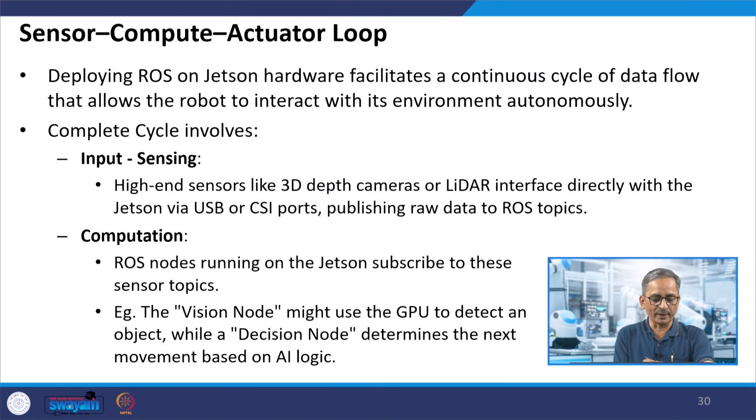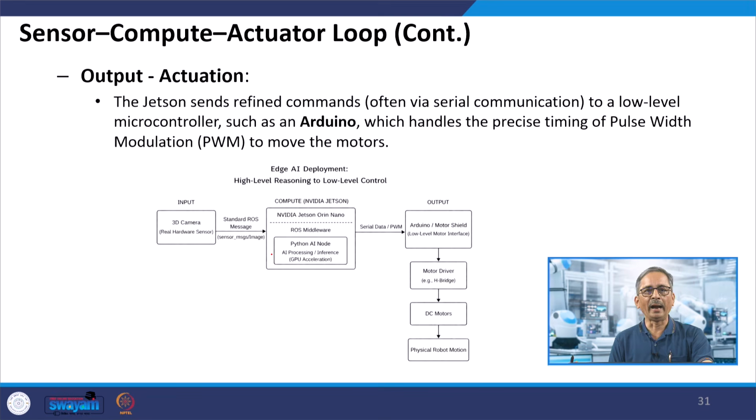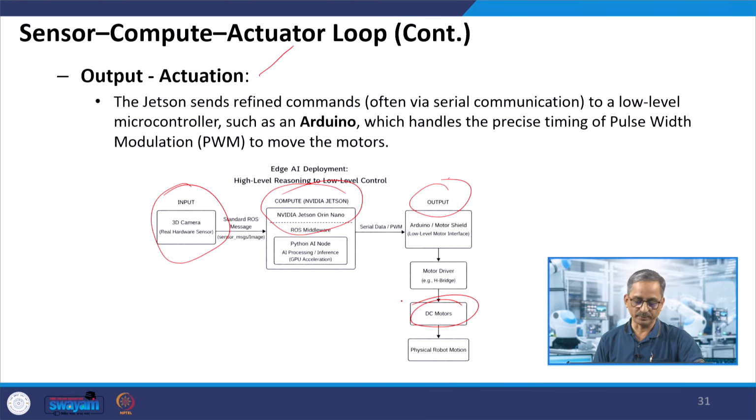For example, for input we have sensing, say a 3D depth camera or LiDAR data, then we have the computation: ROS nodes running on the Jetson subscribe to these sensor topics. Then we have the output, which is actuation. So the 3D camera input is sent to compute, that is your Nvidia Jetson, and then it gives to the output, which is basically the motor. You have the physical robot motion.